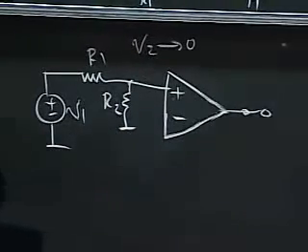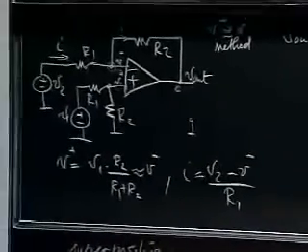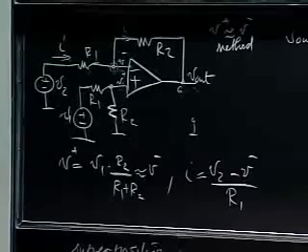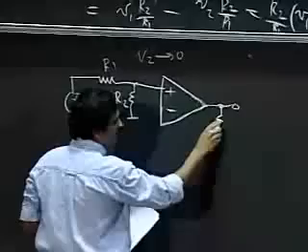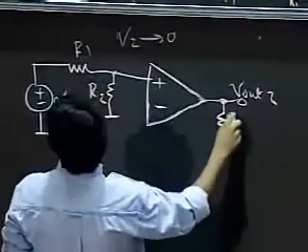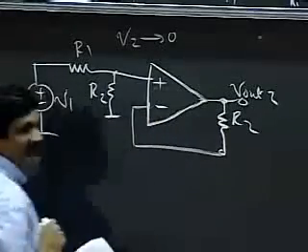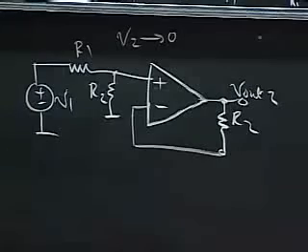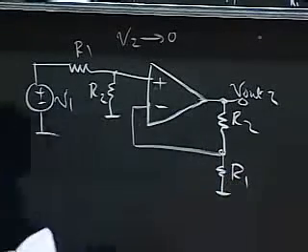When I short V2 to ground, what happens is that the tail of R1 goes to ground, and so it's as if the output V out 2 is connected to the minus input through a resistor. We'll draw it like this. And the minus input goes through a resistor R1 to ground.